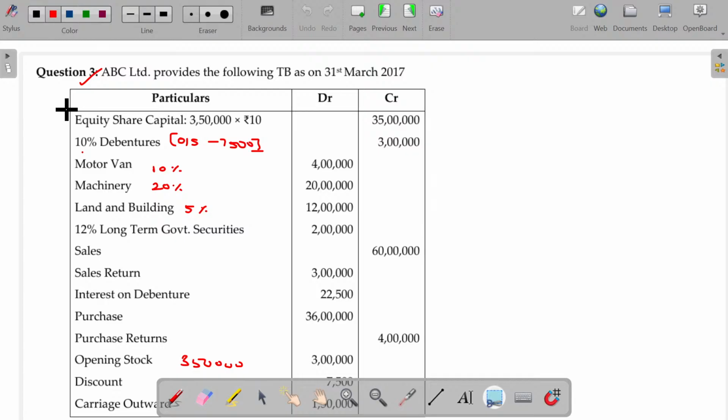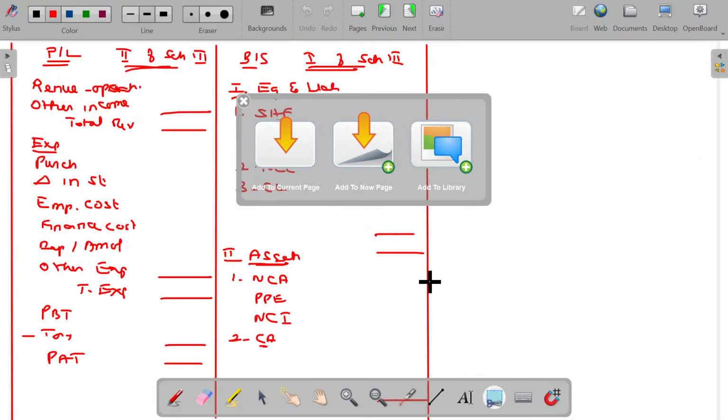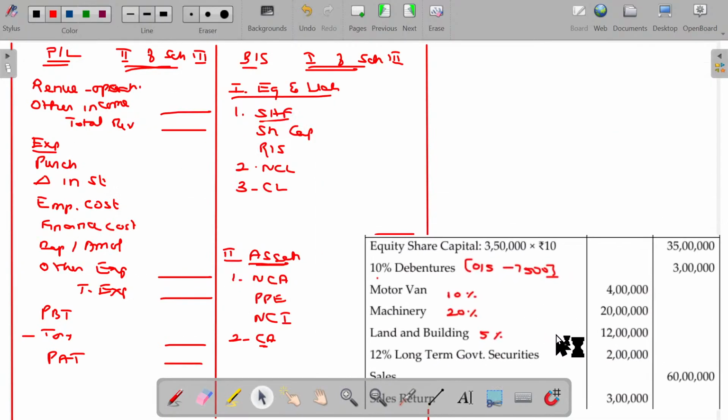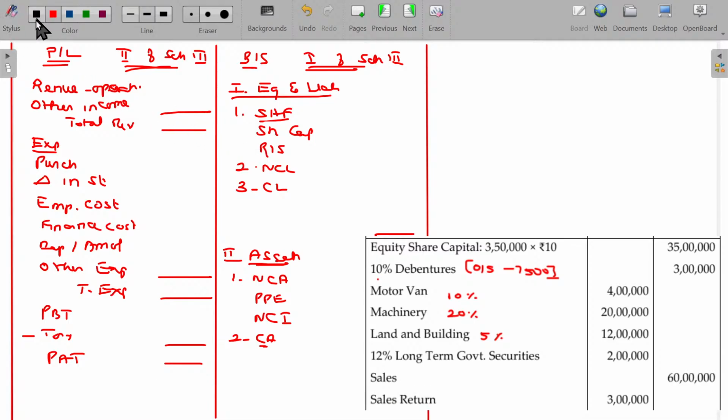We'll now pick this. Equity share capital being 35 lakhs. It's better to prepare as a schedule, but anyhow, I just post directly here. 35 lakhs. 10% debentures 3 lakhs, where 7,500 remains outstanding.